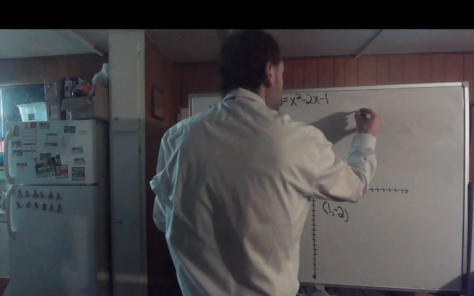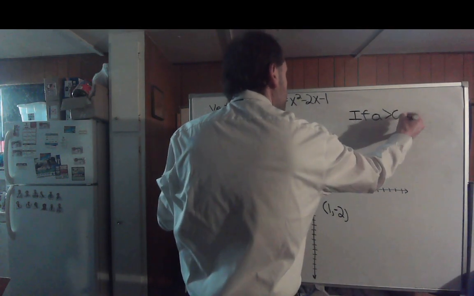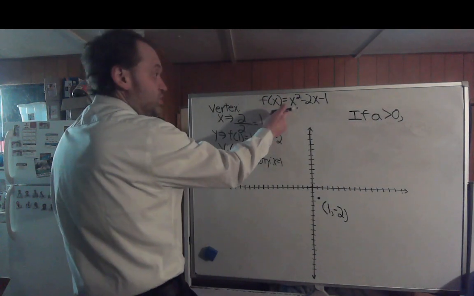So if a is greater than 0, which is the coefficient on your x squared term, it opens upward. If a is less than 0, which would mean it's negative, it opens downward.